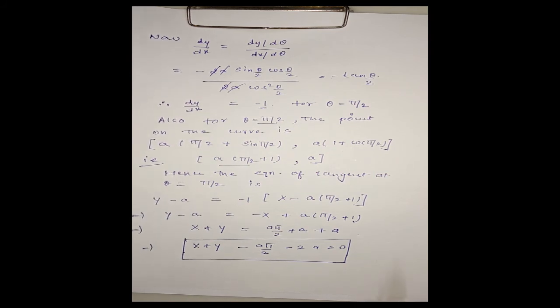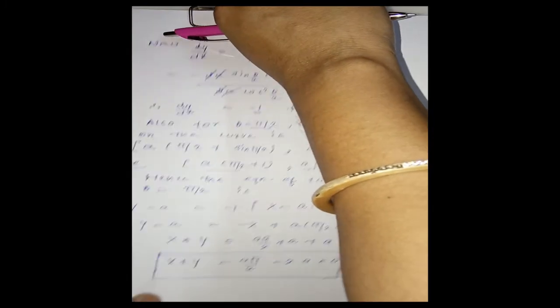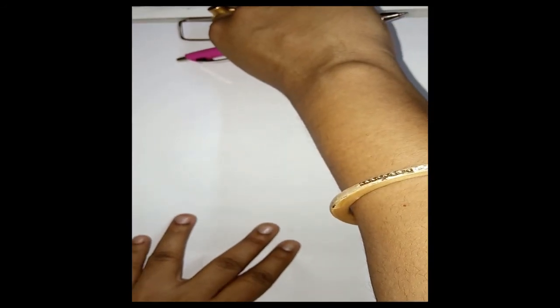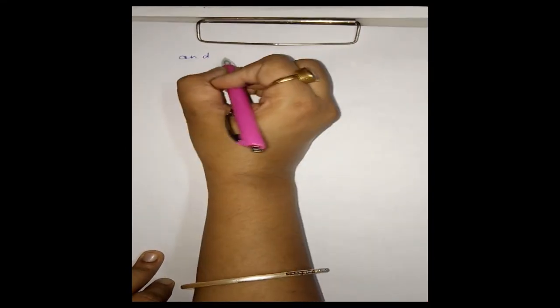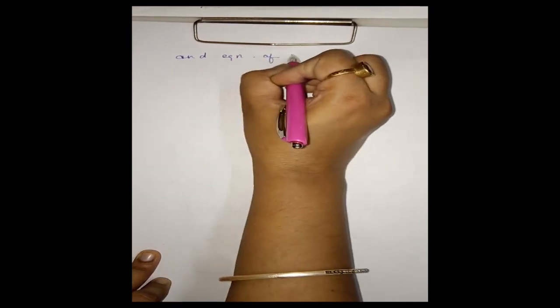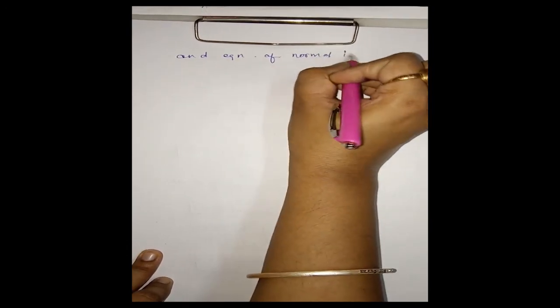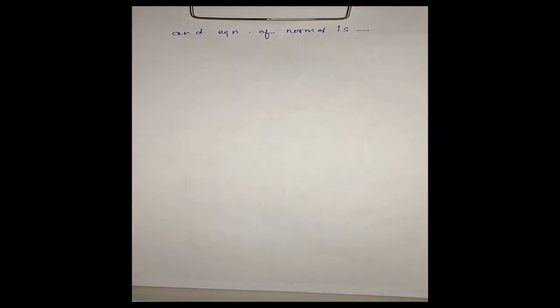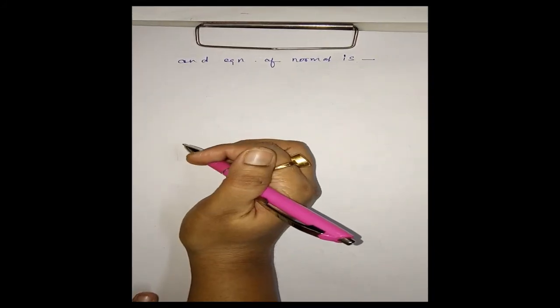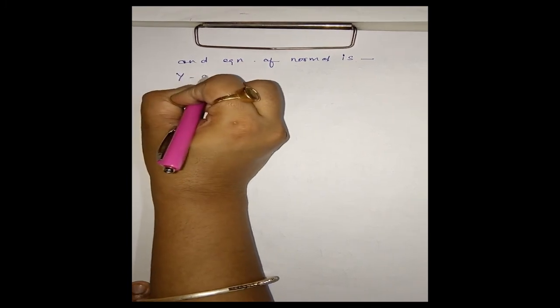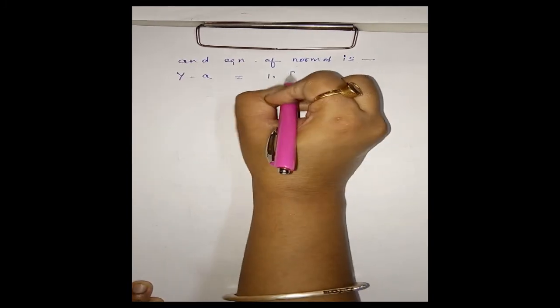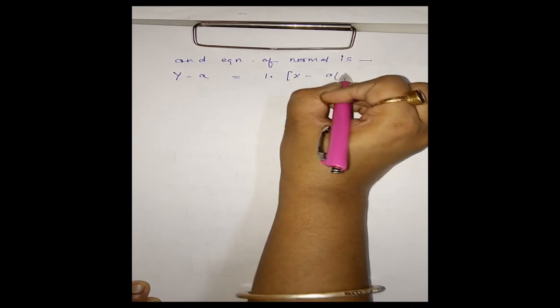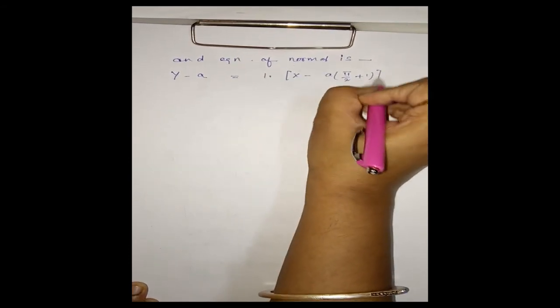Now the same way we will find the equation of normal at θ equal to π/2. The equation of normal is y minus a equal to 1 times (x minus a(π/2 + 1)).